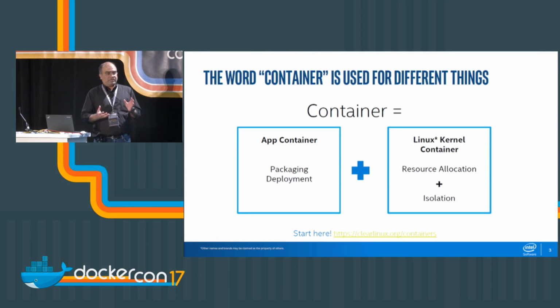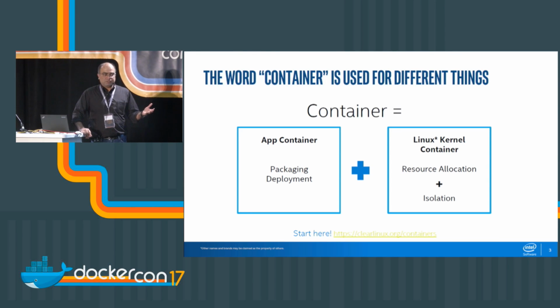There's a second aspect to containers. When you run a workload in a container, how is isolation achieved between two containers running on the same machine or the same VM? Typically, if you use the standard runC implementation that comes with Docker, that is achieved using Linux namespaces and cgroups.